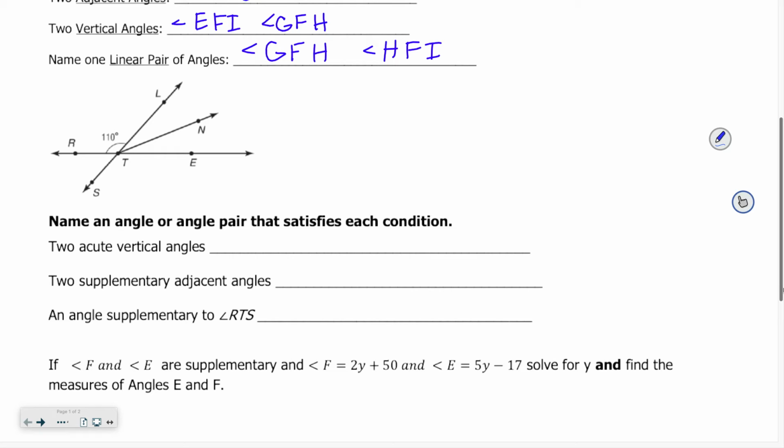Okay, next three lines. Supplementary adjacent will say things like linear pair.